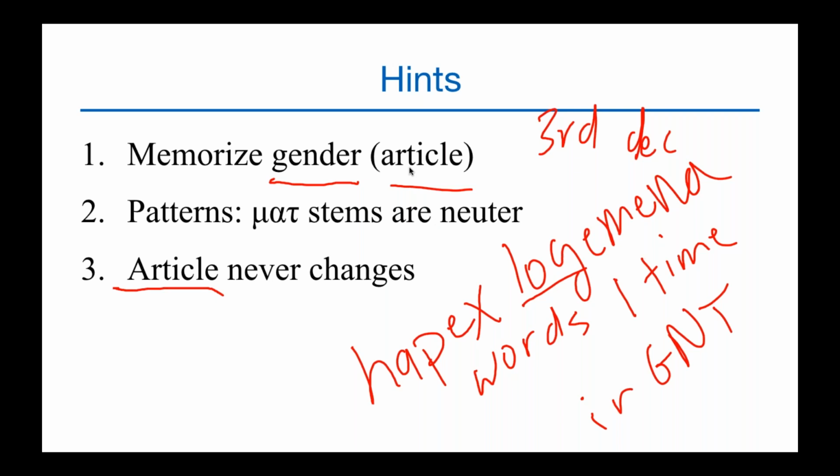It's consistent. So let's do it this way. You see the article, and then something that ends in, and this is actually a key, a C. What is the parsing for that?